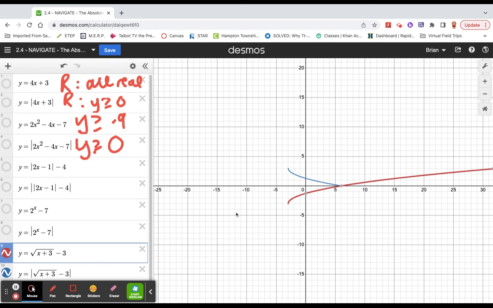If I tried to use, say, -10, I still wouldn't be able to get past that square root in order to get out to the absolute value. So adding an absolute value to the outside of the whole function doesn't change the domain. It just flips everybody up and gives us all of these ranges of y is greater than or equal to 0.